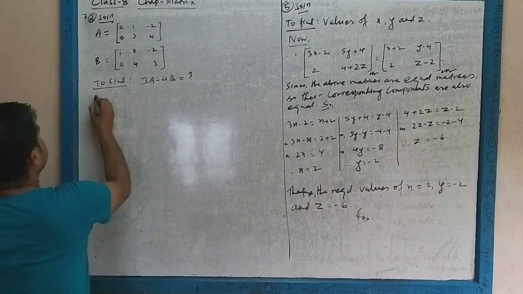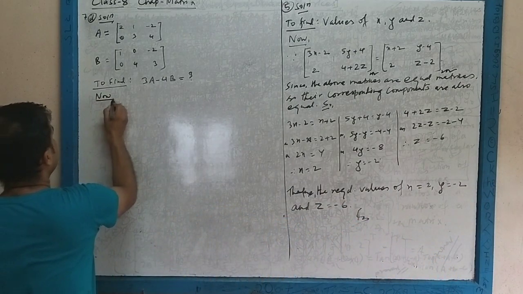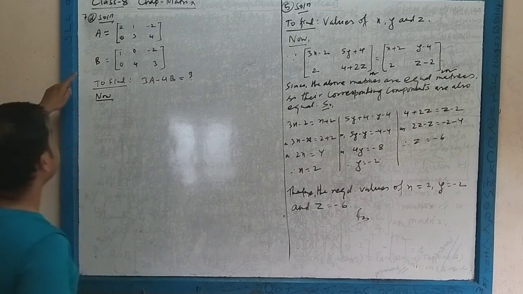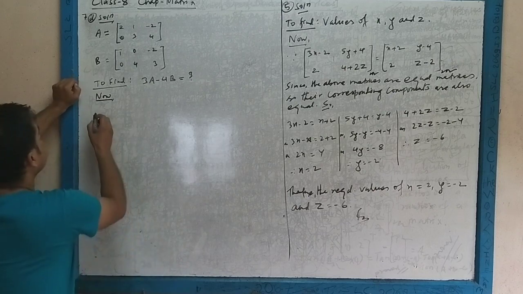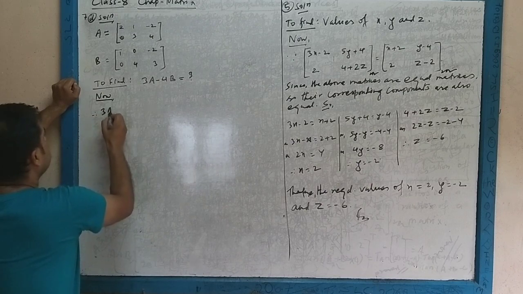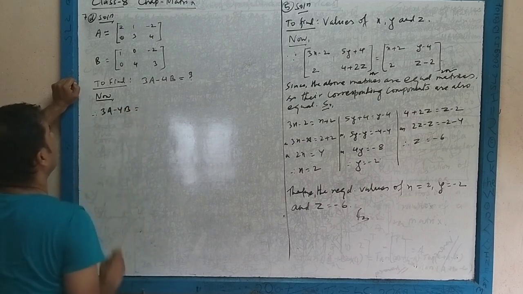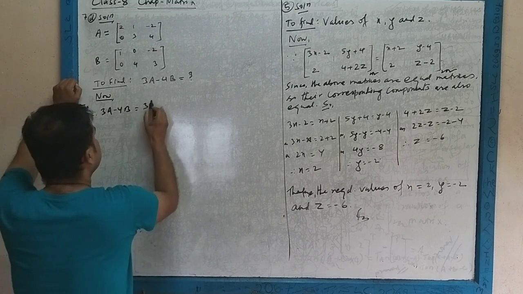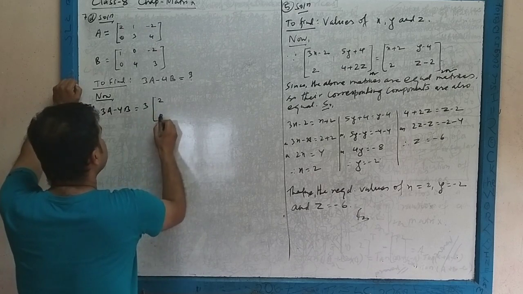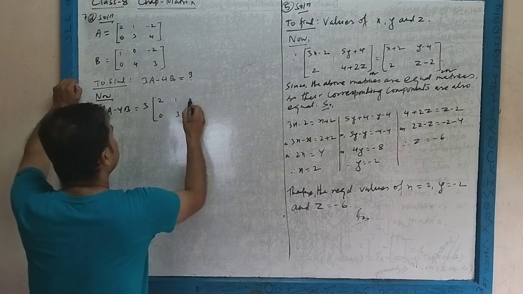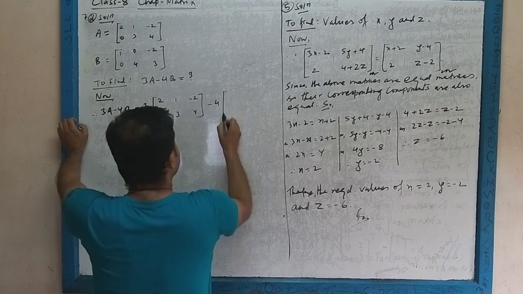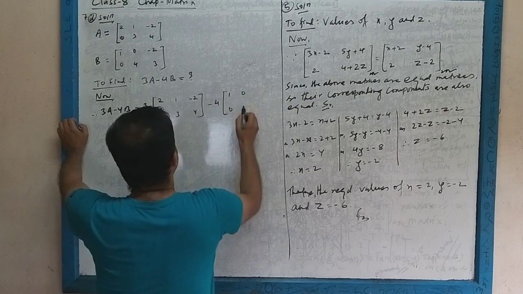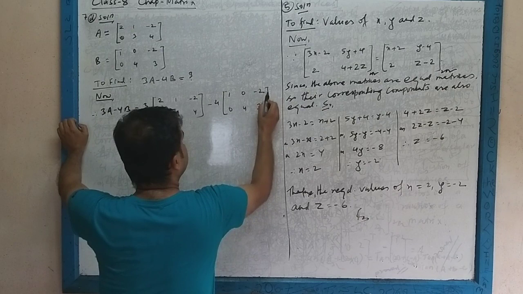Now see. 3A minus 4B matrix will be equal to 3 times matrix A, 2 0 1 3 minus 2 4, minus 4 times matrix B, 1 0 0 4 minus 2 and 3.